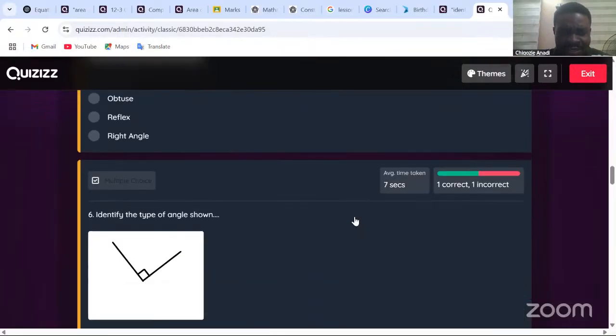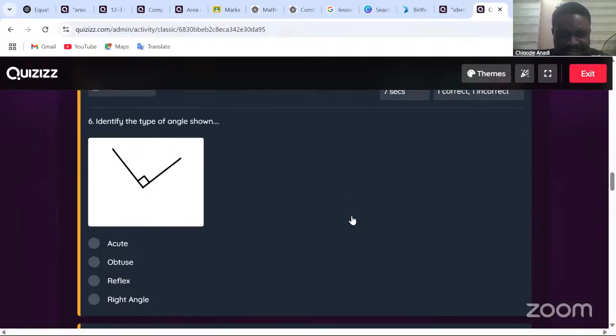Correct. Number 6. What type of angle is this? What is the box inside there? Anytime you see a box inside the shape like this, it's telling you that it's a right angle, exactly 90 degrees, which is a right angle.